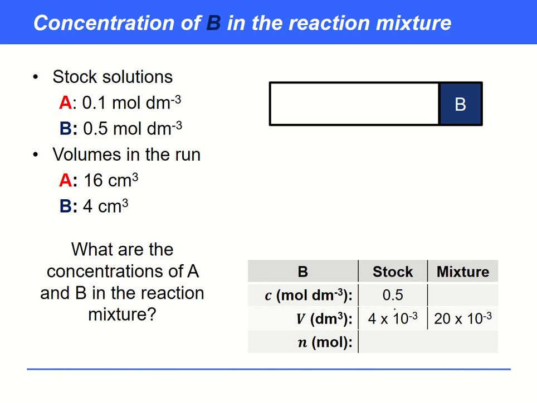We know the concentration and volume of the stock solution of B, and so we can work out the number of moles, again using concentration times volume, and we find 2 times 10 to the minus 3 moles of B present. And then we imagine that that B is going to be spread over the whole mixture now, and so that 2 times 10 to the minus 3 moles, in order to get the concentration, we do moles divided by volume, and we find that we've got a concentration of 0.1 moles per decimeter cubed.